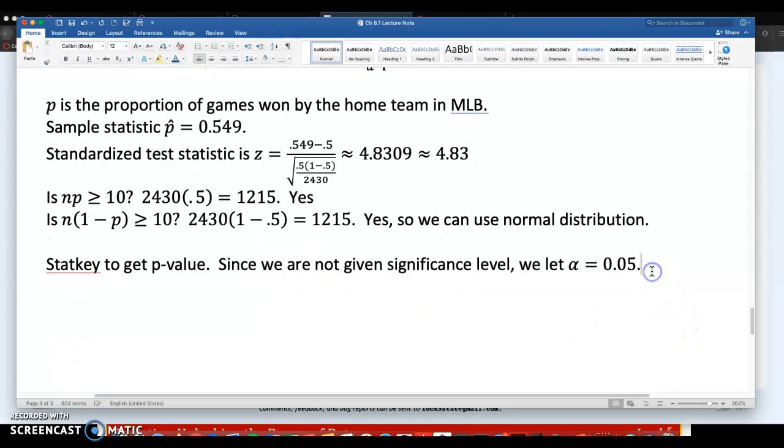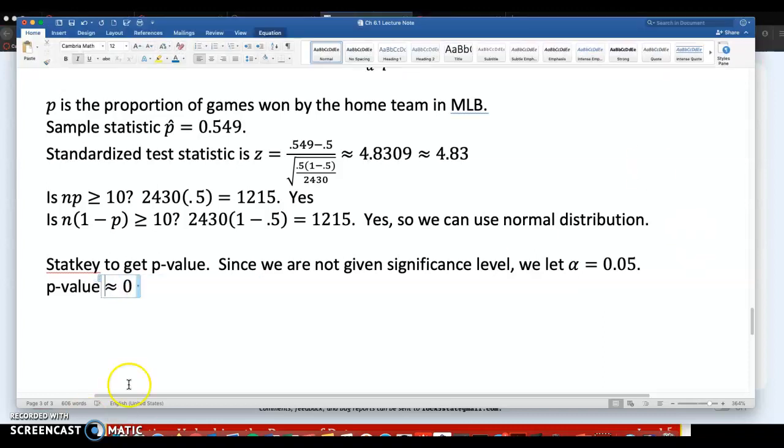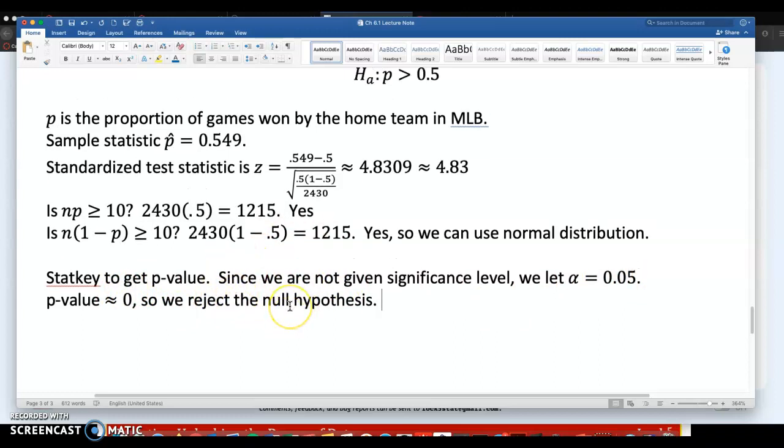But in this scenario, the p-value is approximately 0. So I'd say this is the statistical 0, not the absolute math 0. The p-value is essentially 0. So we reject the null hypothesis. And in this case, it actually wouldn't matter what significance level we chose. That's such a small p-value, we are going to reject the null hypothesis.